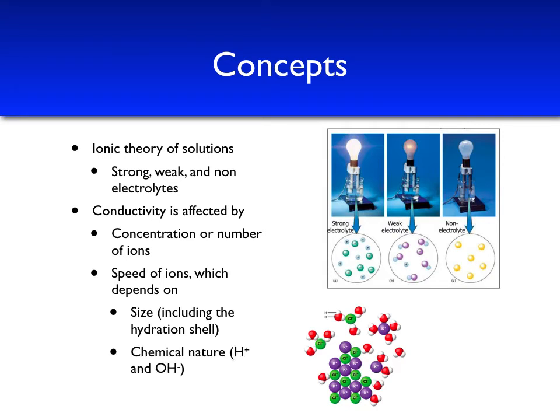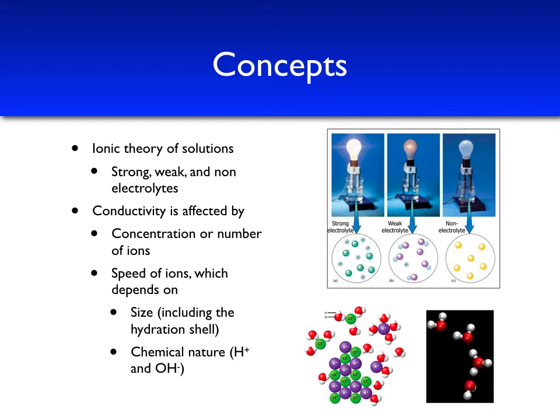Another thing to look at is the chemical nature of the ion. In this experiment, we'll be looking at some acids and bases, which contain H+ and OH- ions respectively. Since H+ and OH- are constituents of water, when it moves its charge through the solution, it can cheat a little bit and move the charge without actually moving the ion itself.